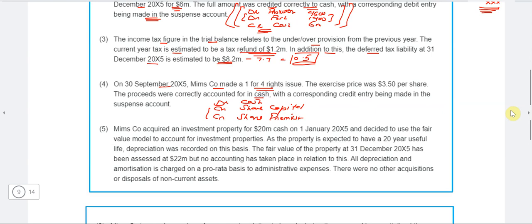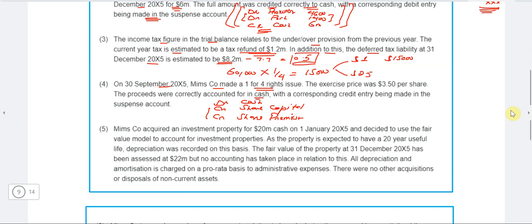So 60,000 multiplied by 1 by 4, because it's one share for every 4 shares, gives you 15,000. Now the share price is 3.50. With $1, it is going to be recorded in the share capital because the share capital is recorded at the par value. And with $2.5, which is more than the par value, it will be recorded in the share premium.